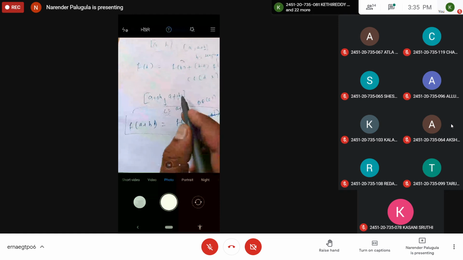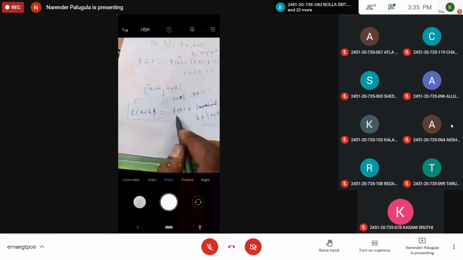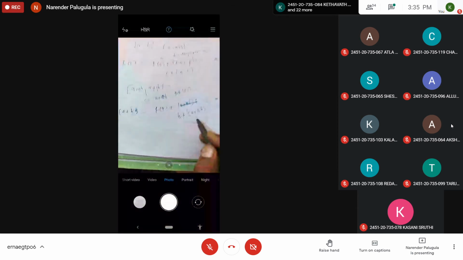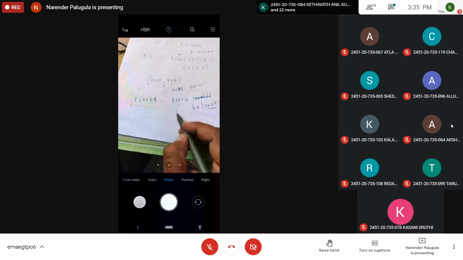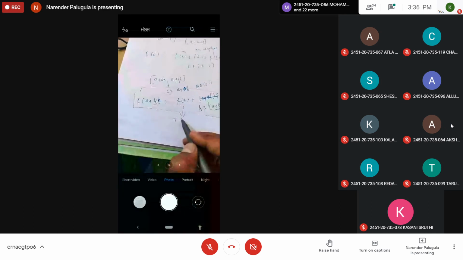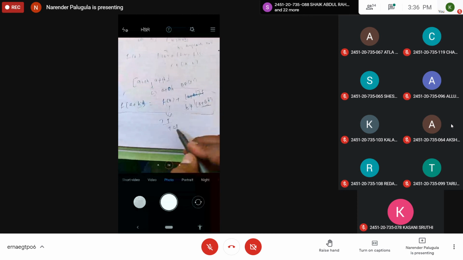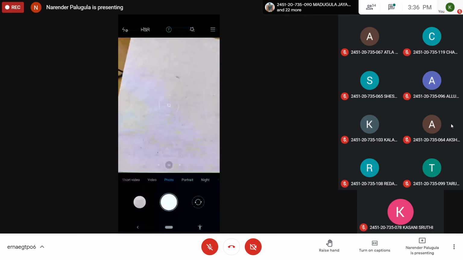We can express any point in the interval in terms of f of a. So we can generalize this formula in Taylor's theorem, using higher order derivatives. What is Taylor's theorem? Now I am going to explain the Taylor's theorem definition.